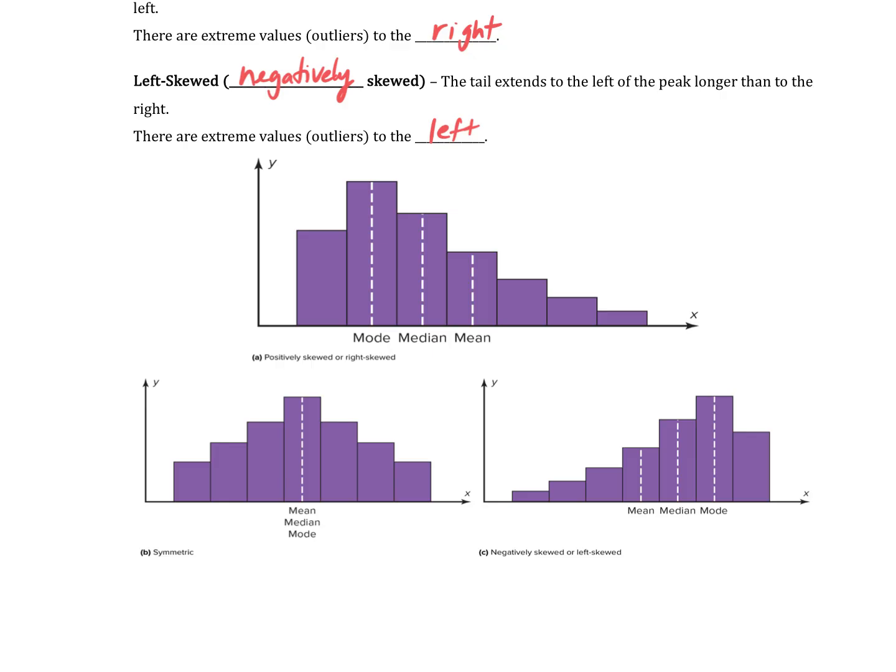So you need to know that. Whenever it is symmetric, they're all the same number, if it's perfectly symmetric. Okay? So if it's roughly symmetric, they'll all be close to here. If it is left skewed or negatively skewed, again, your mean is pulled towards the data, the outliers, and your median falls in the middle of that and the mode. So you need to be able to identify where mean, median, and mode lie on those graphs without it being labeled. Okay?